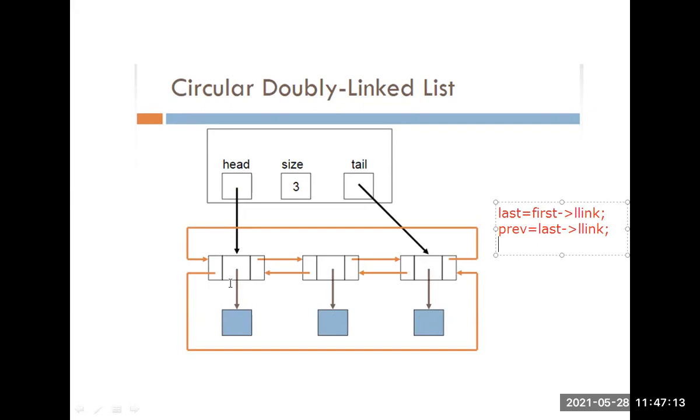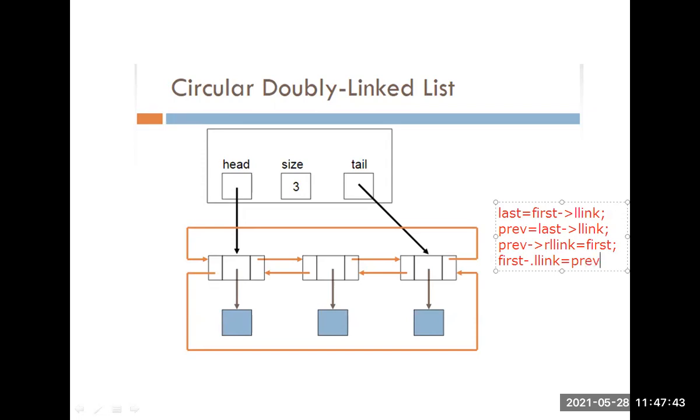Okay. Then previous of right link, what I have to store is the first node address. So previous of right link equal to first, and first of left link, what we have to store is the previous.